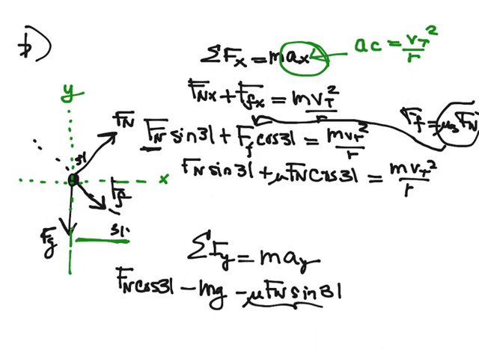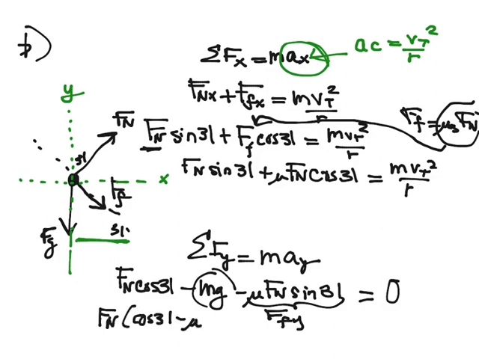If you're wondering where I got all of this, it's that ay is equal to 0. Now I'm going to bring the mg to the other side, and I'm going to factor out Fn. So I have Fn times cosine 31 minus mu sine 31 equals mg.